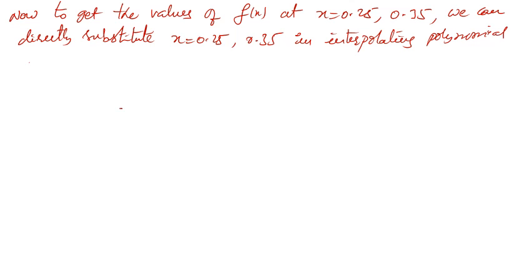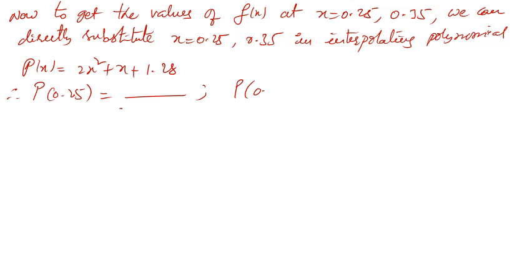What is that interpolating polynomial? P of x equal to 2x square plus x plus 1.28. Therefore P of 0.25 equal to something, you calculate this, P of 0.35 something, right?